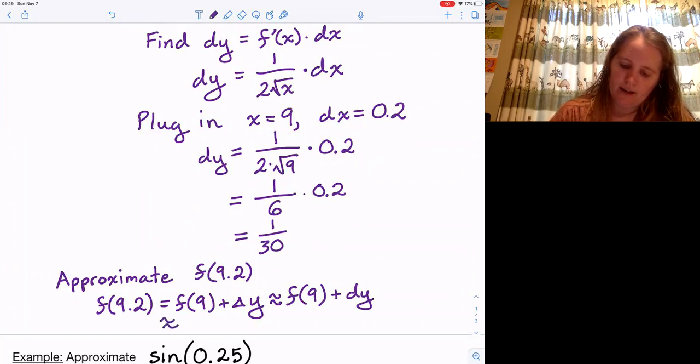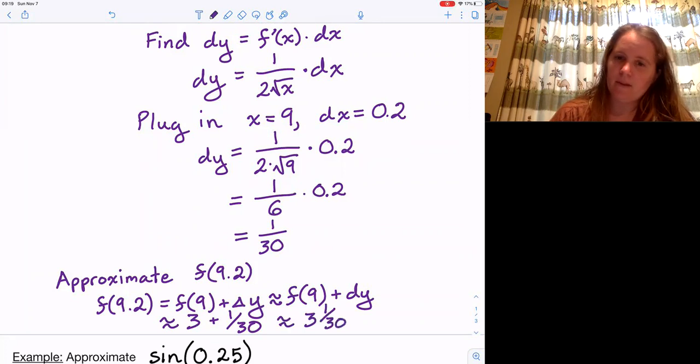And f of 9 is the square root of 9, which is 3. And dy we just found to be 1/30. So we have that f of 9.2 is approximately 3 and 1/30, otherwise known as 3.033 repeating.